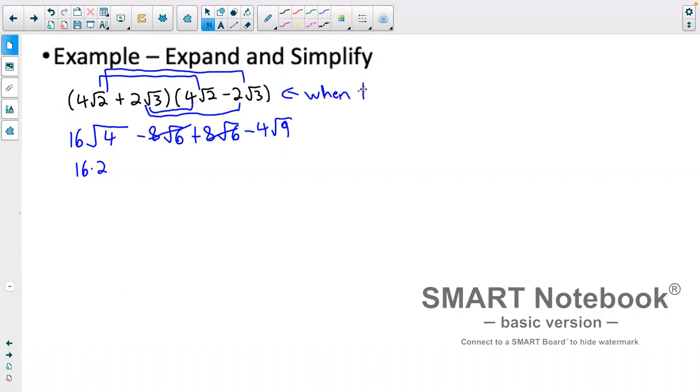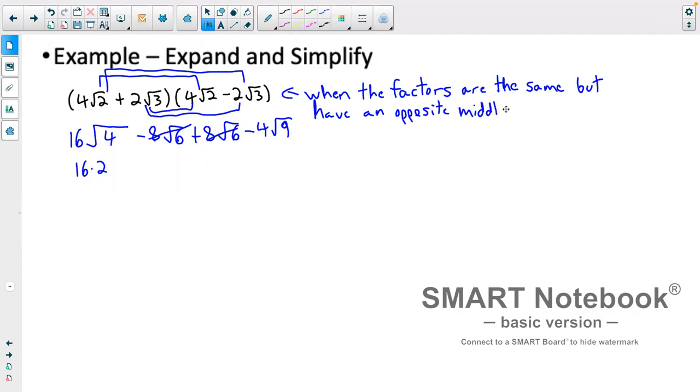When the factors are the same, because you notice both have 4 root 2, both have 2 root 3, but one's a plus between them, one's a minus, so when the factors are the same but have an opposite middle sign, they are what is known as conjugates of each other.